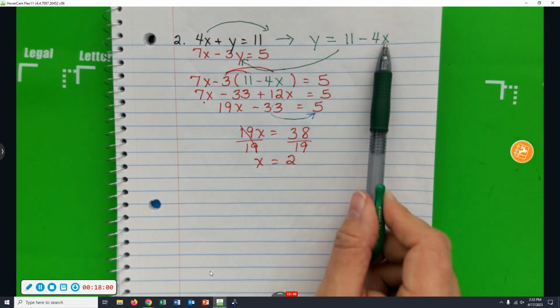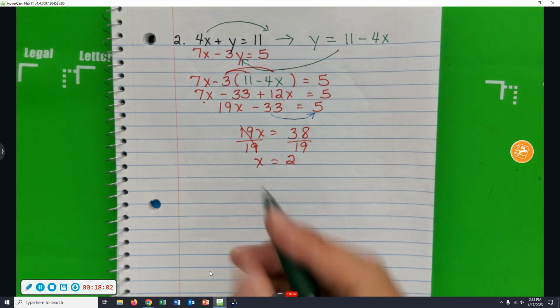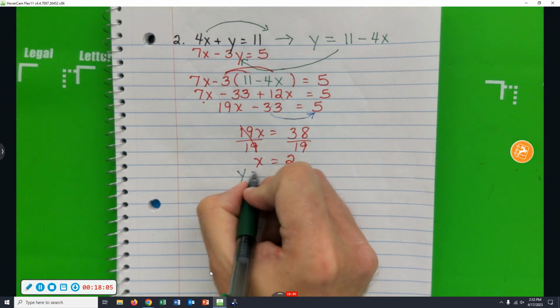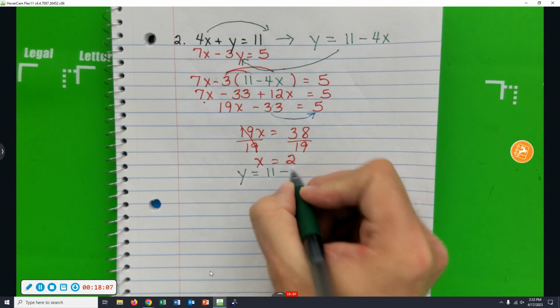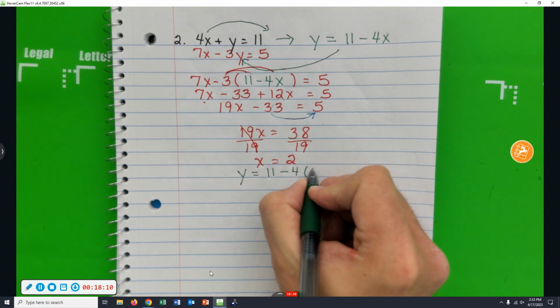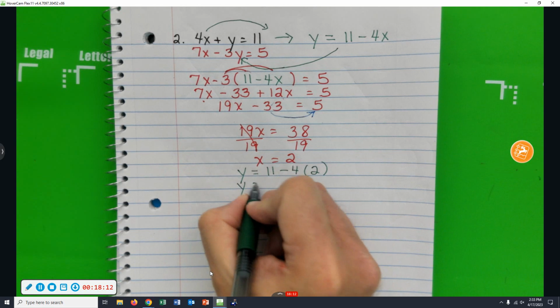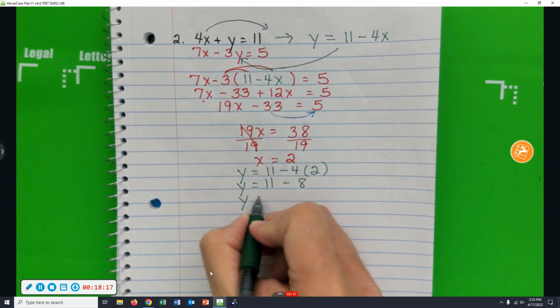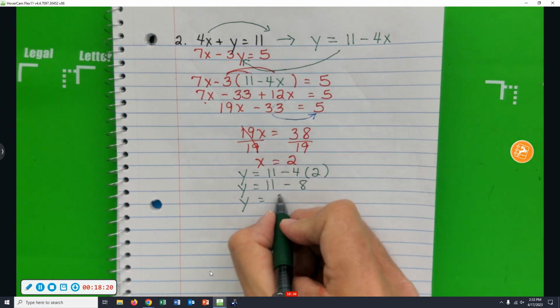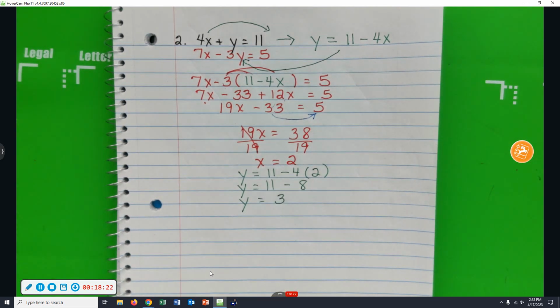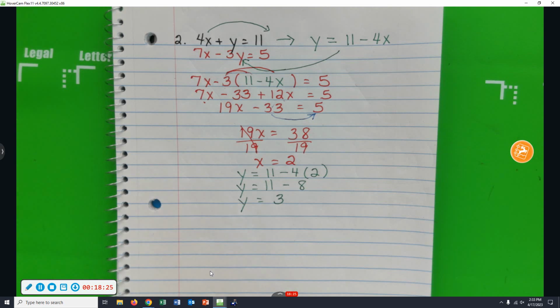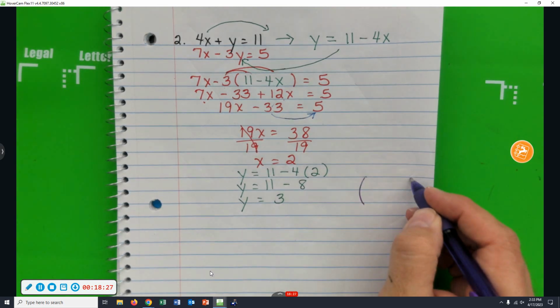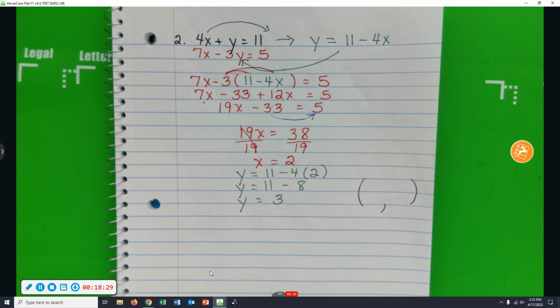Y equals 11 minus 4 times 2. So 11 minus 8. So y will be 3. So you write your answer as an ordered pair: 2, 3.